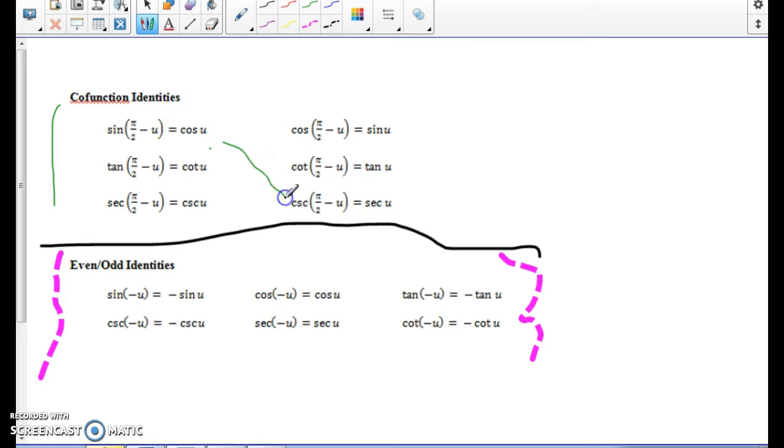Notice how those are very similar because cosine goes with secant, sine goes with cosecant. The cosine of pi halves minus u equals sine. And notice how that's very similar to this one here, filling in the blanks. And then the tangent of pi halves minus u equals cotangent, and the reciprocal is also true.